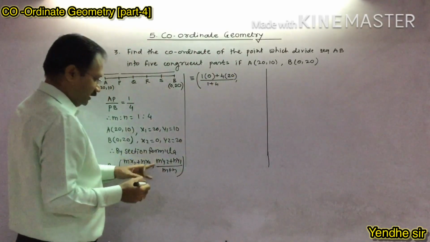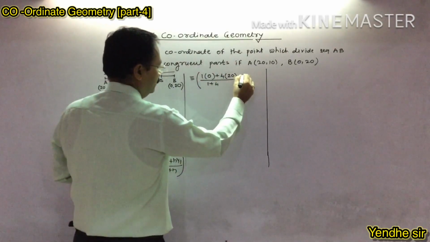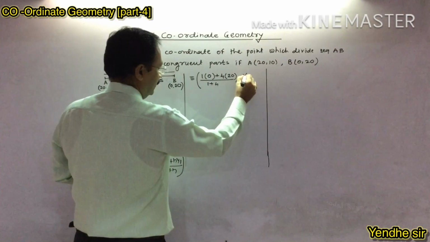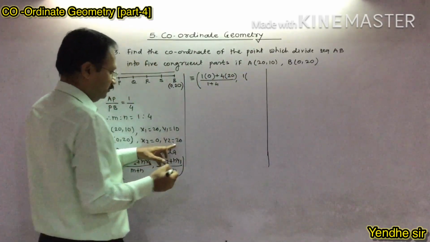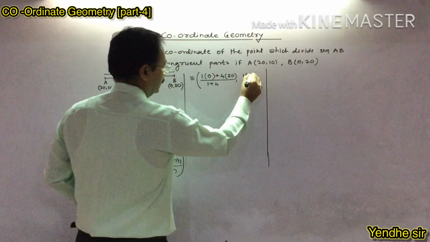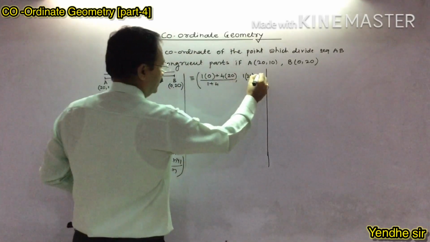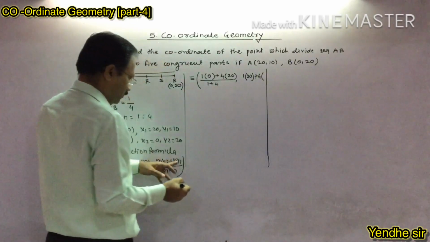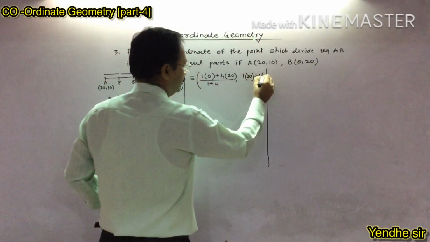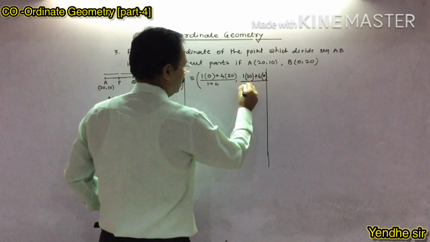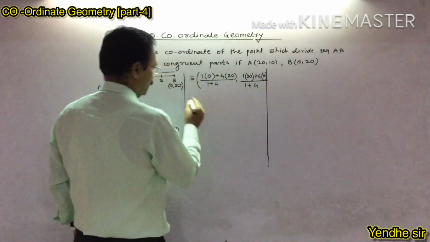Here m is 1, in the bracket y2 is 20, plus n is 4, in the bracket the value of y1 is 10, upon 1 plus 4.